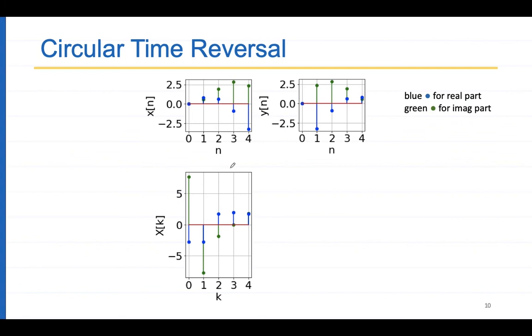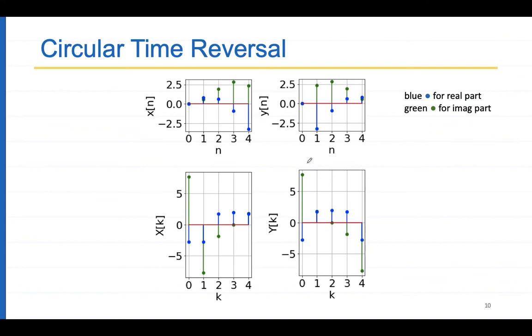Now if I ask you what will be y of k, you can compute it from here, and what you get is, I computed it from here, I got this. So you compute the DFT here, and you compute the DFT here, and you get this thing.